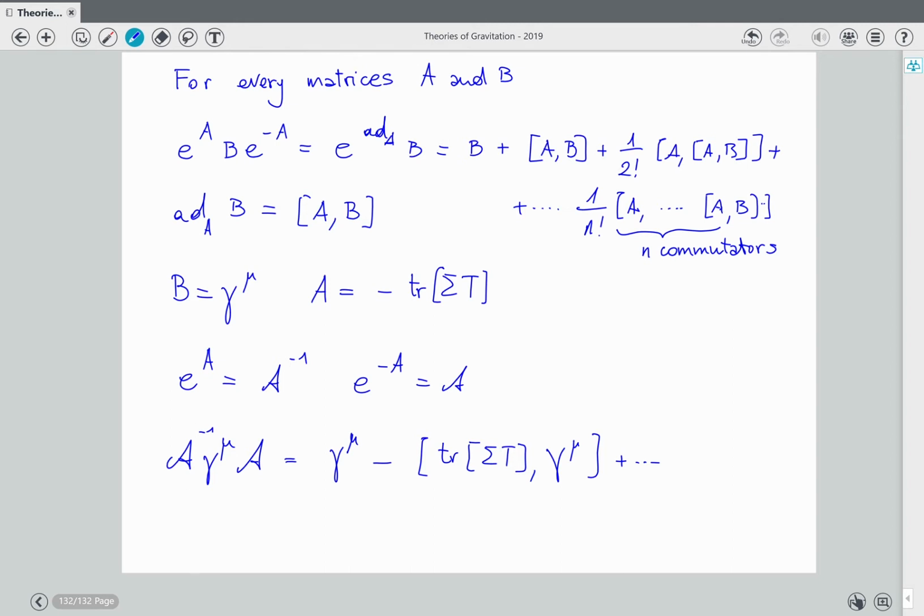So in this commutator, let's write this commutator minus trace of that sigma mu nu t mu, this is the trace, gamma. Okay, we have to change names to the indices. So t goes out, and you have to compute that commutator.